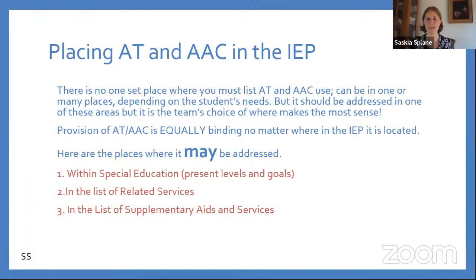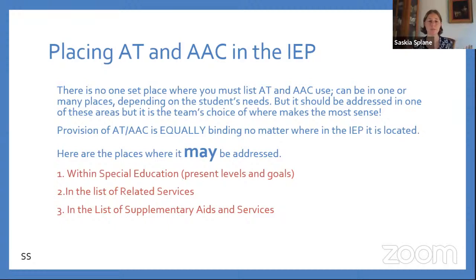So where and how do we actually put assistive technology and AAC in the IEP? So really, there's no one set place that you have to list it. There are 3 places that IDEA says it might be addressed, and it has to be in at least one of those 3 places.